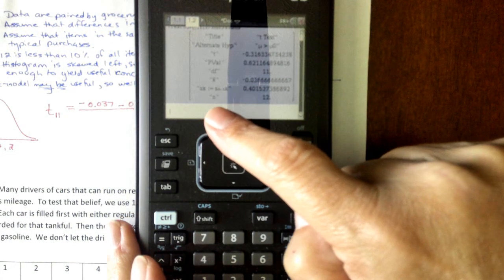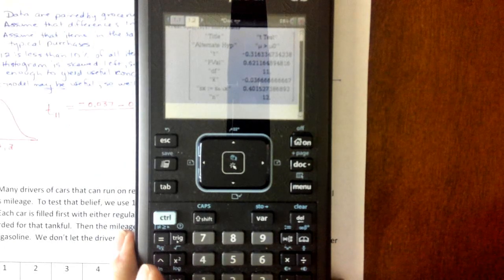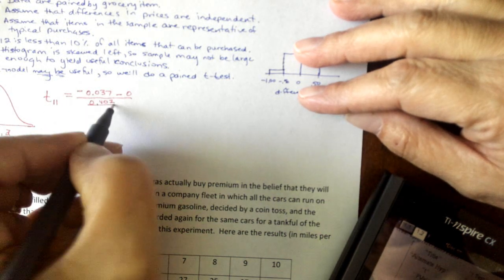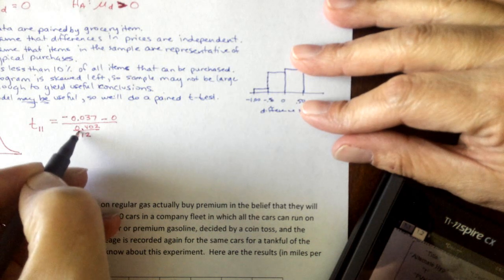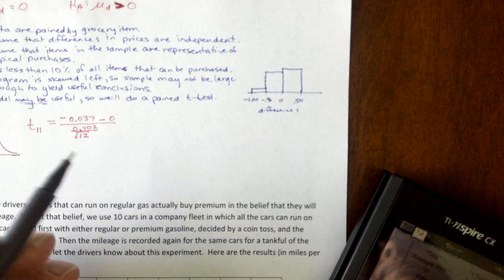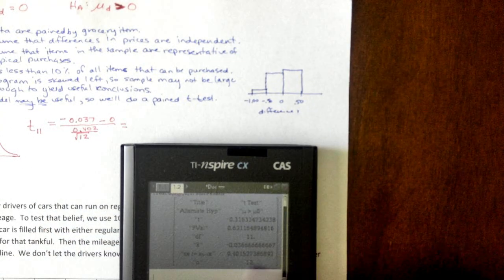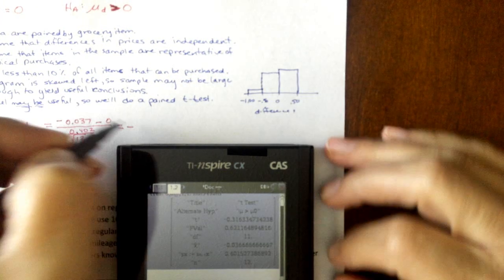S is given, s of x is 0.402-ish if we round. So 0.402 divided by the square root of the sample size, which is 12. Make sure you don't confuse the sample size itself with degrees of freedom. Now the calculator has already crunched this number for me. I have a t-score of negative 0.316 approximately.